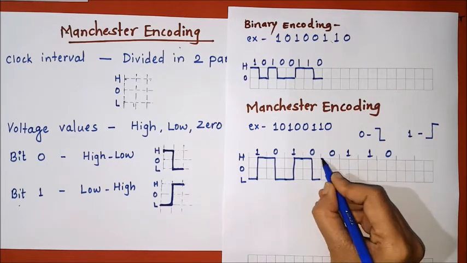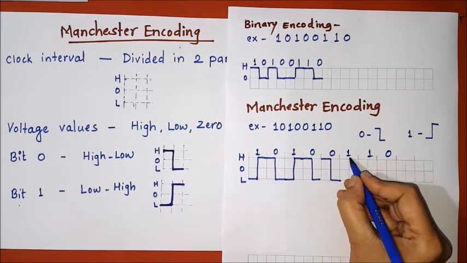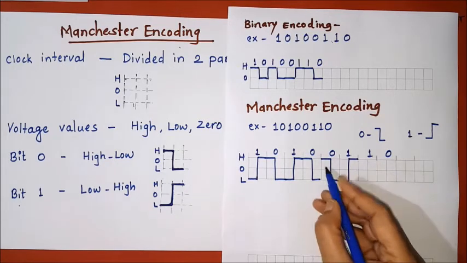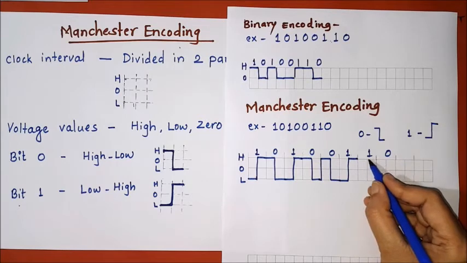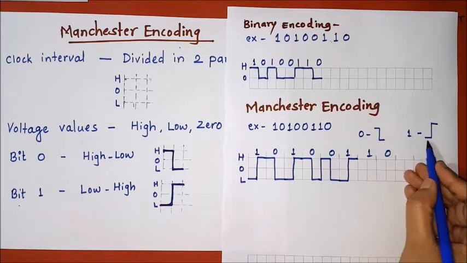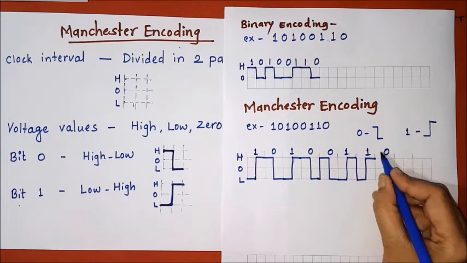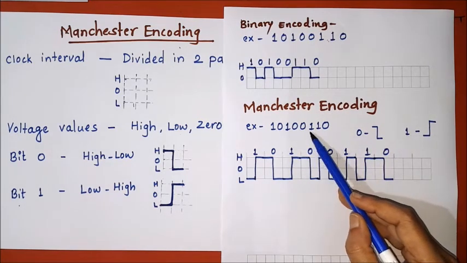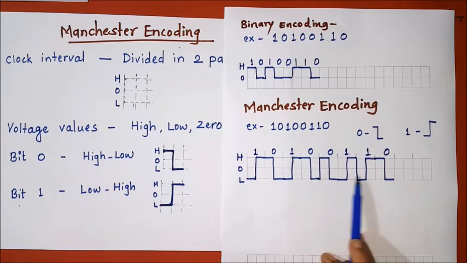Again 0, high, low. Then 1, low, high. Here we need to connect this for signal continuation. Again 1, low, high, connect this and 0, high, low. So for this bit string, the Manchester encoding digital signal is like this.